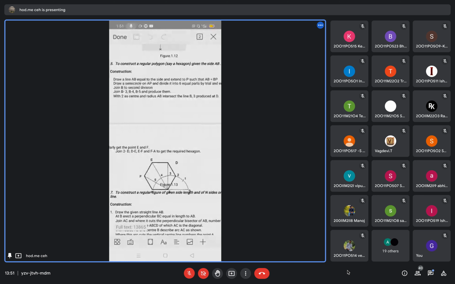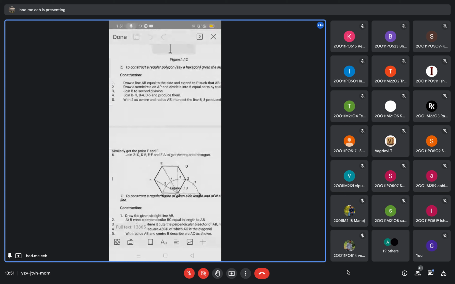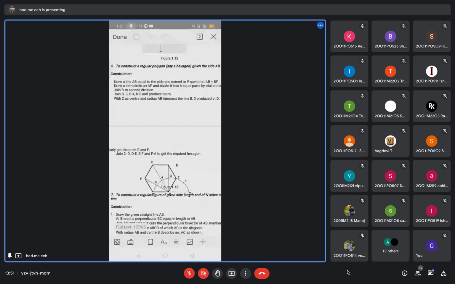This is a regular polygon, say the hexagon, given the side AB. AB dimensions are your choice, 30 or 60. So you draw the line.